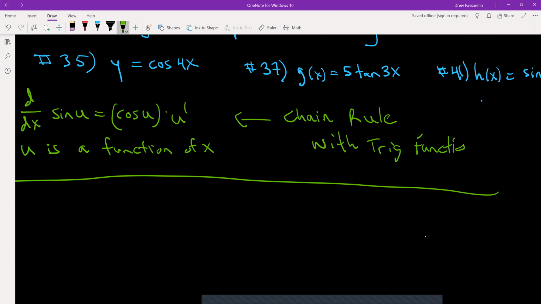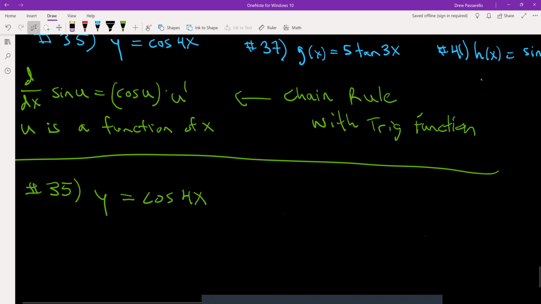Trig function. So u is a function of x, your outside function in this case is sine, the inside function is u. Now for number 35, our outside function is cosine. We're going to use the derivative involving cosine.